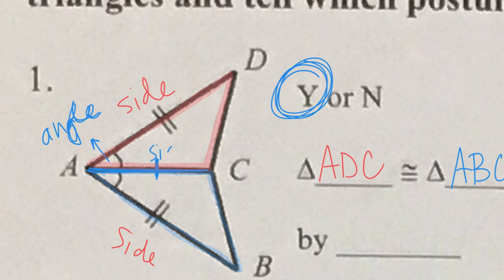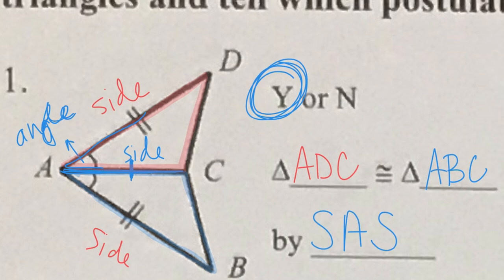We have two sides and one angle. Where is the angle in relation to your two sides? It's in between. So we're going to write side, angle, side as the reason why these two triangles are congruent. The angle that's marked is between your two sides that are marked.